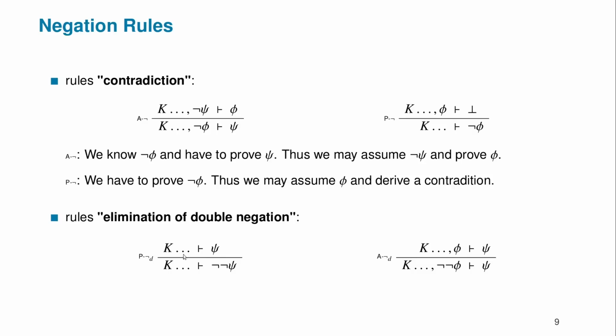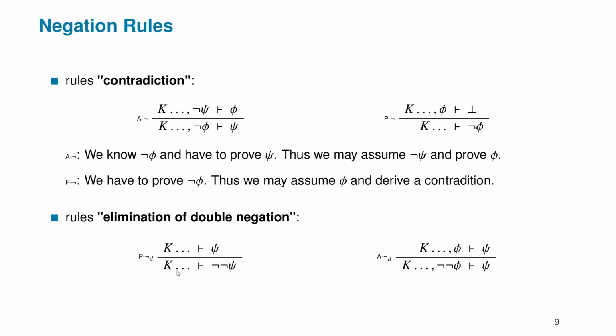This rule is the elimination of double negation. If we have a formula not not psi on the right hand side, then the rule P not D, so this is the elimination of double negation, is simply having then psi as the goal on the right hand side.